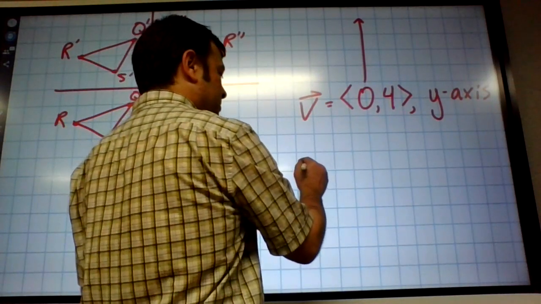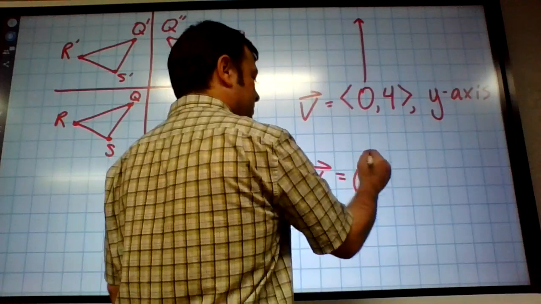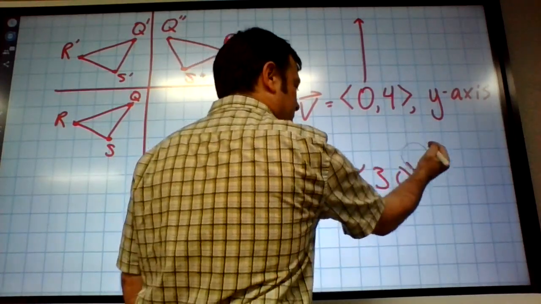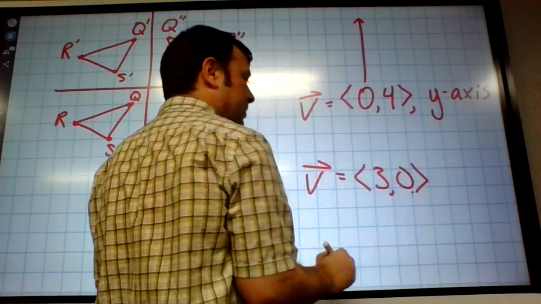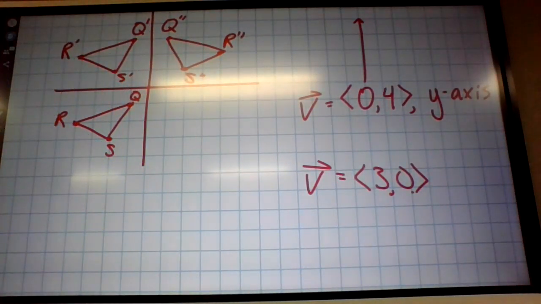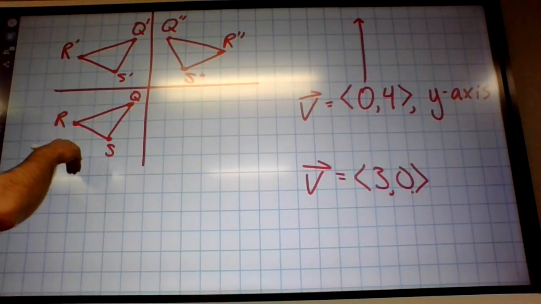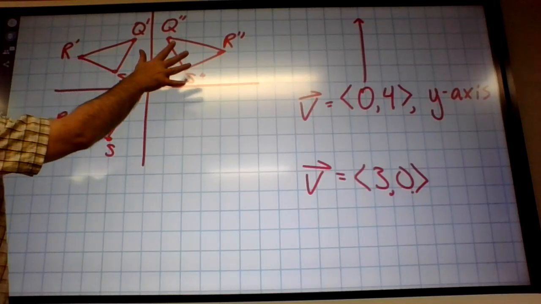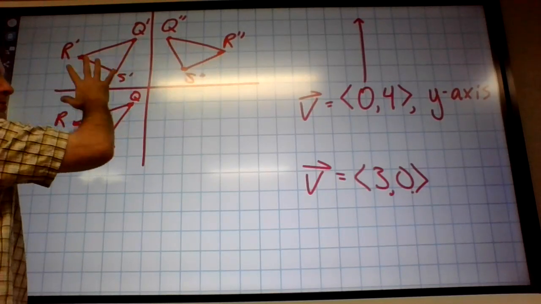Okay, on 22, the vector says, whoops, 3, 0. So what would that mean? Right 3. Yeah, they want you to move the image right 3 and then flip it over the x-axis, the other axis. So it's going to be kind of messy because it's going to be on top of itself more than this one was.